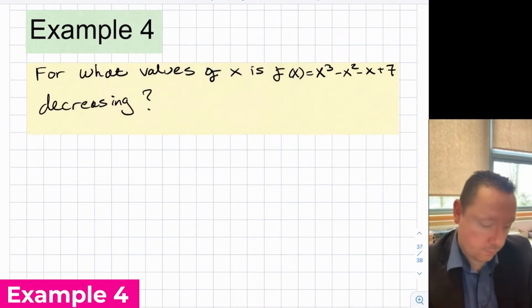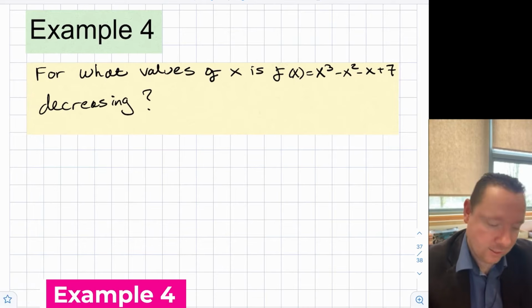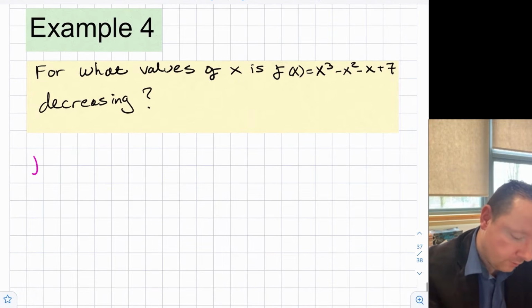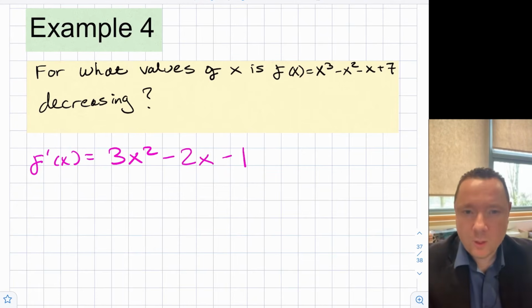Example 4. For what values of x is f of x equal to x cubed minus x squared minus x plus 7 decreasing? So we need to work out the derivative. F dash x is equal to 3x squared minus 2x minus 1. And I suppose what we're wanting to know is when's that decreasing?